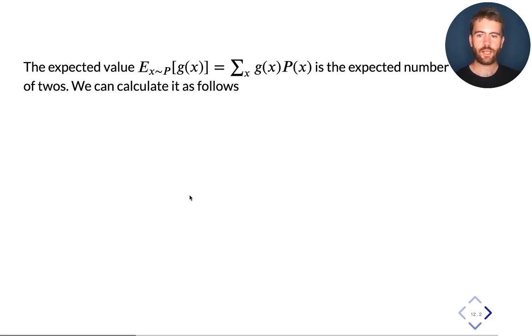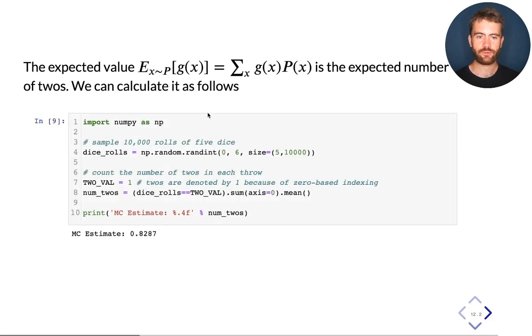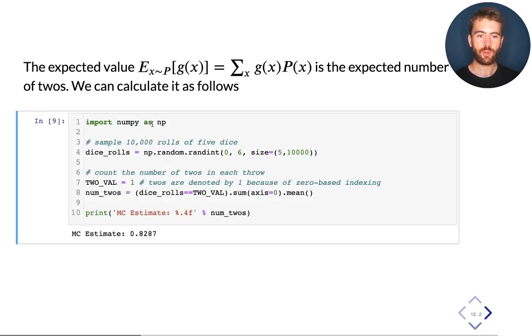So we can calculate the Monte Carlo estimate of this expected value as follows in Numpy. Here I'm importing Numpy, and now I'm generating 10,000 random rolls of these 5 dice. So I'm generating a matrix of dimension 5 by 10,000, where in each cell I have a number that's going to be between 0 and 5.